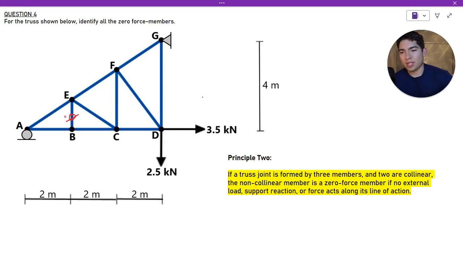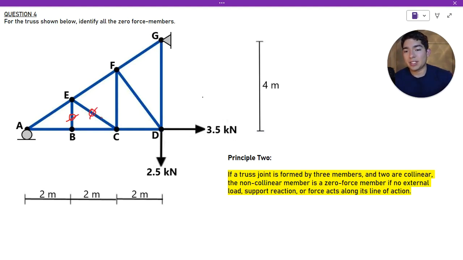Now that we've eliminated member EB, joint E is going to turn into a scenario that applies to principle 2, because now we have AE and EF as our two collinear members, and then member EC is that third non-collinear one. In this case, there's no reaction or external force acting through it, so it is another zero force member.